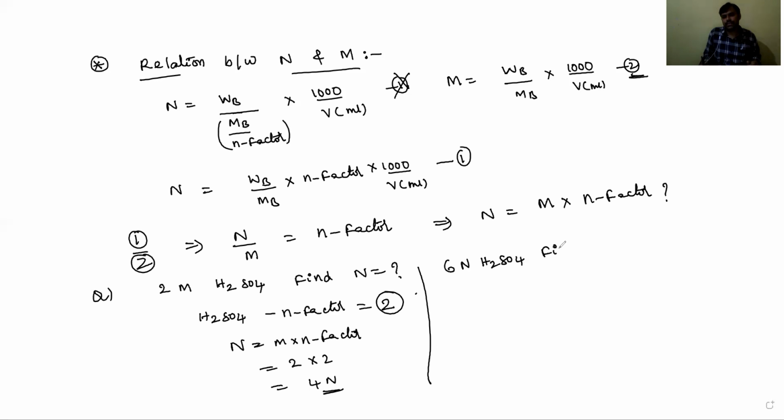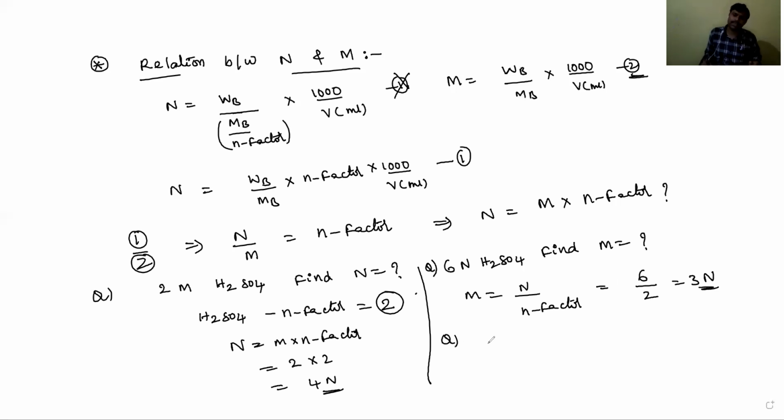Find its molarity. In this case, molarity is equal to normality by n factor. The normality is 6 and the n factor of H2SO4 is 2, so it is equal to 3 molar. This kind of question they will ask.